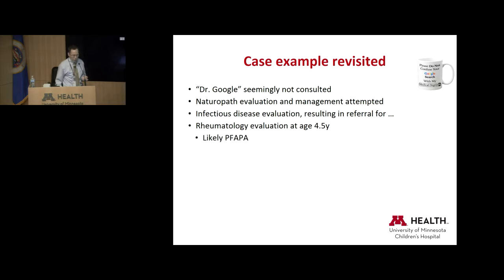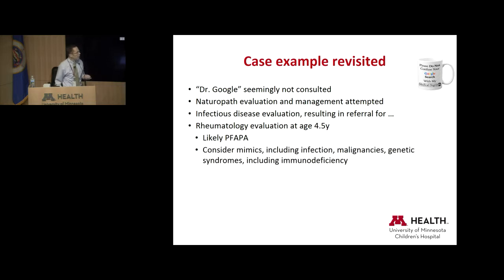And our rheumatologist, with a very thorough history and physical, quickly identified that this was likely PFAPA, but importantly, listed the mimics we always have to consider with one of these children who presents with an autoinflammatory disorder or a periodic fever syndrome. We have to consider infections and malignancies because they would greatly impact the therapeutic approach. We have to think about a variety of genetic syndromes, and we have to consider immunodeficiency.